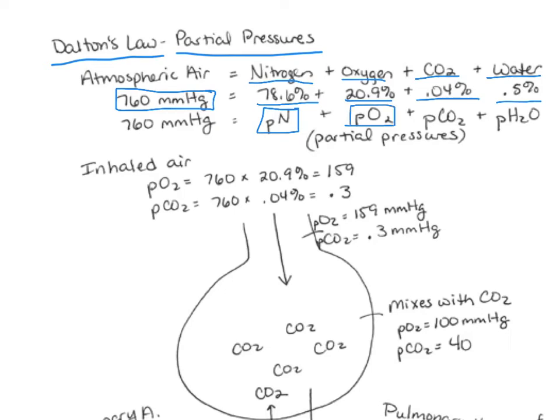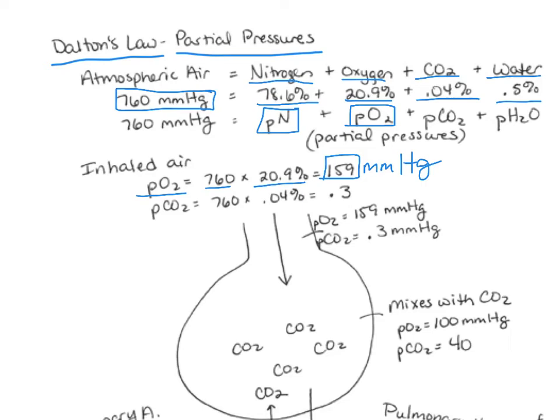So the partial pressure of oxygen is 20.9% or 21% of 760. So to figure that out, the partial pressure of oxygen is 760 times 0.209, and that gives us 159 millimeters of mercury. So when you're breathing air in, that oxygen has a partial pressure of 159 millimeters of mercury.